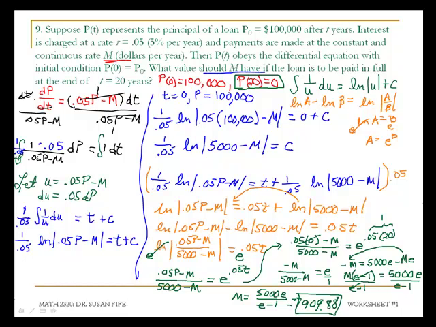And so if you pay $7,909.88 per year for 20 years, and initially you've borrowed $100,000 at 5% annual interest, then your loan will be paid off in the 20 years.